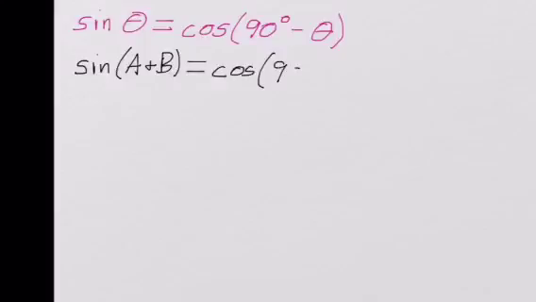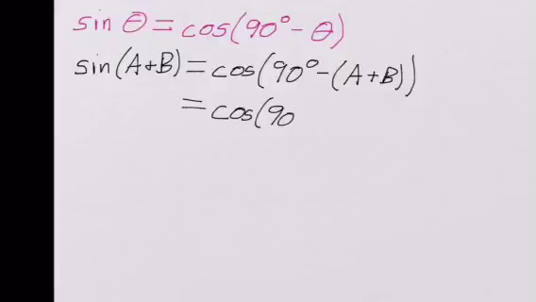The cosine of 90 degrees minus a plus b. So I'm going to go ahead and distribute that negative sign. So you have 90 degrees minus a minus b.